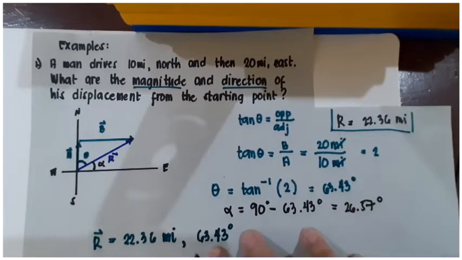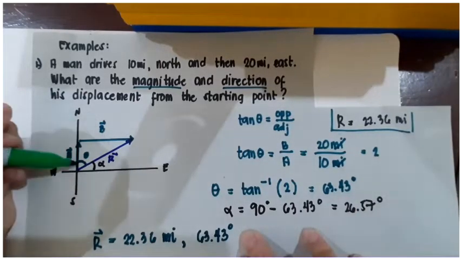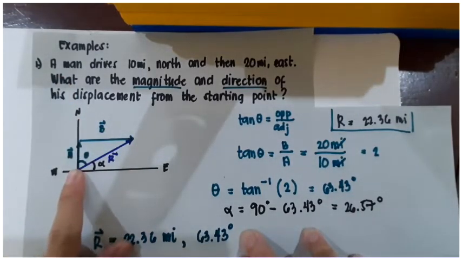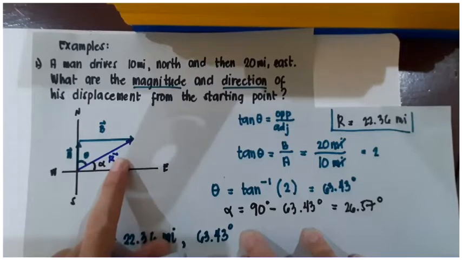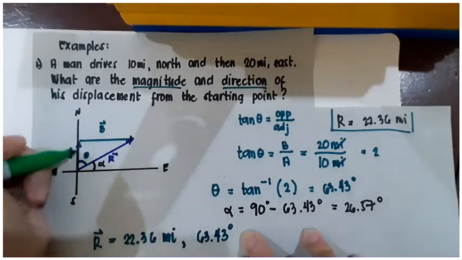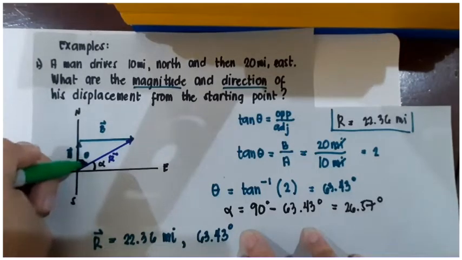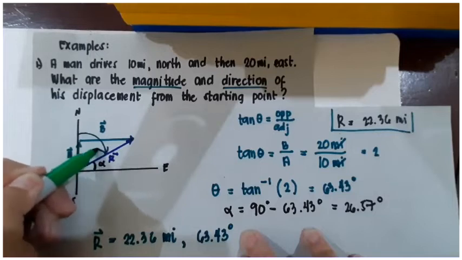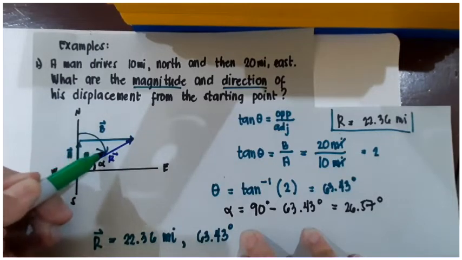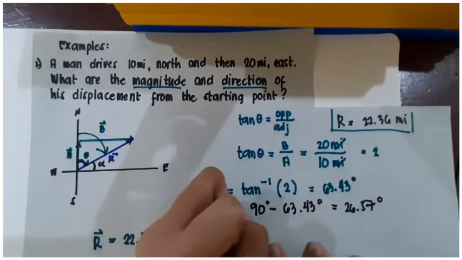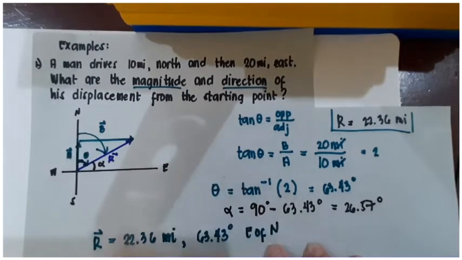Then you put in which direction it is. It could be east of north or north of east. Since the angle goes from this point to this point, this is east of north. So you just write E of N.